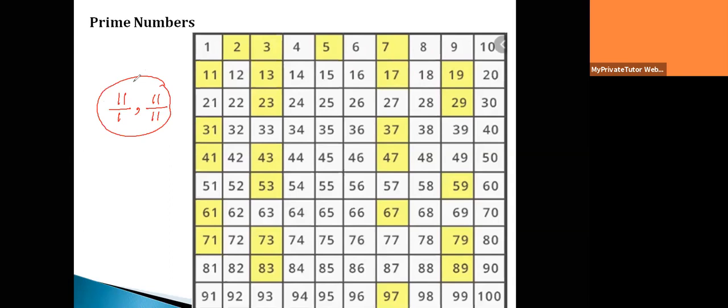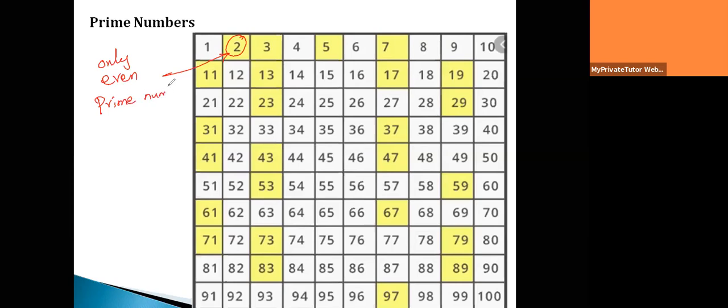Take any of the yellow shaded boxes, all are prime numbers. You can see that all the prime numbers are odd numbers except 2. 2 is the only even prime number.